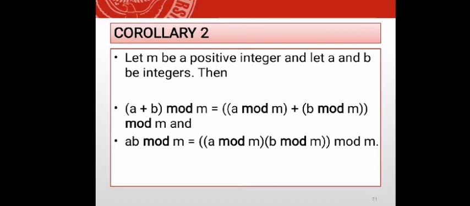So we have a corollary: let m be a positive integer and let a and b be integers. Then (a plus b) mod m is equal to ((a mod m) plus (b mod m)) mod m, and ab mod m equals ((a mod m) times (b mod m)) mod m.